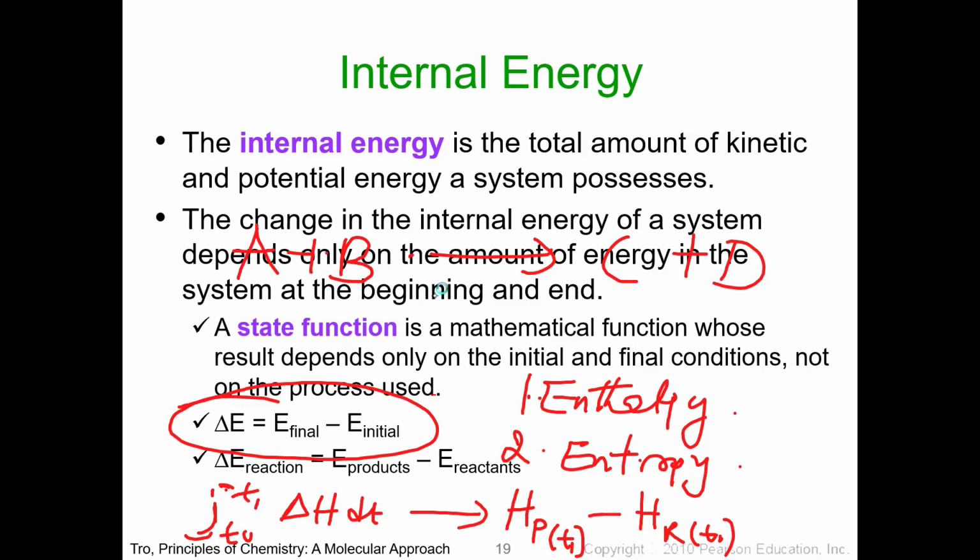So the change in internal energy is equal to the internal energy of the product minus the internal energy of the reactant. You can take it as that, or you can say the internal energy of final minus the internal energy of initial.